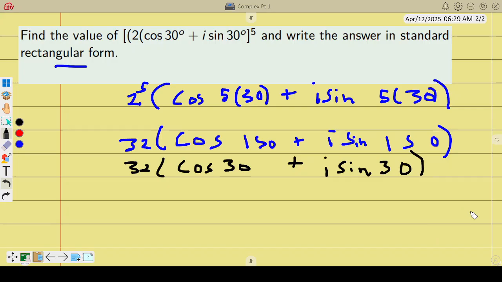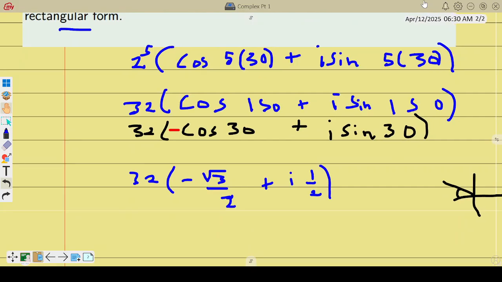Just be careful with the angle: sine is positive in the second quadrant, but cos is negative. So this will be 32 times cos 30, which is root 3 over 2, plus i sine 30, which is 1 over 2.